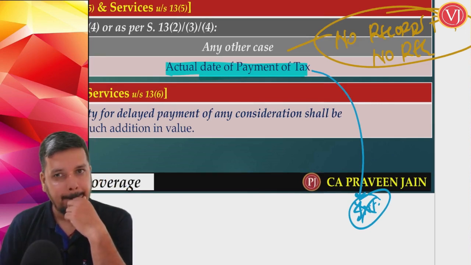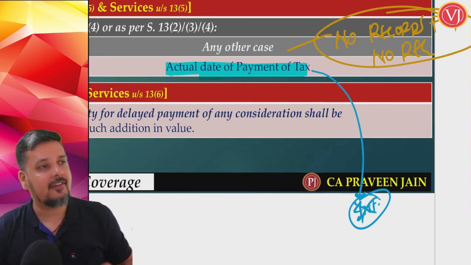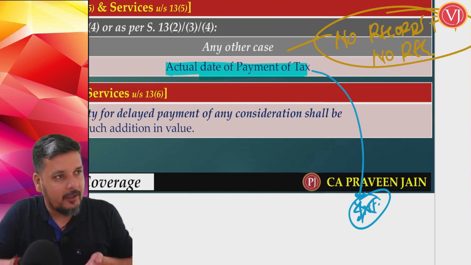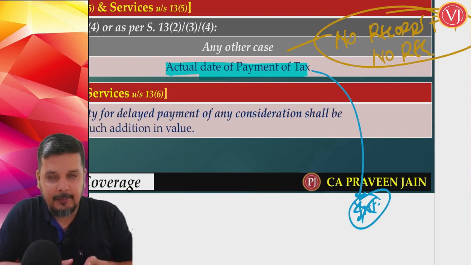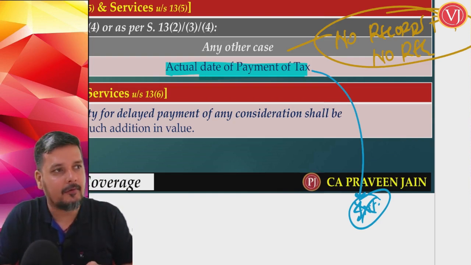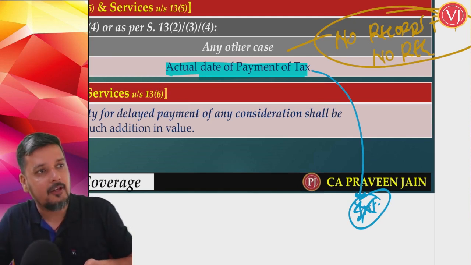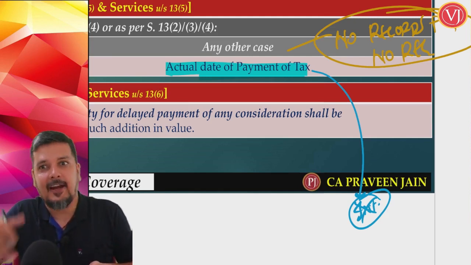Why? You might have supplied 5-6 years back, but your time of supply is only when you're making the payment. Supposing it is April of 2024, that is the time of supply. Your due date of payment is 20th May, which means you have made the payment before.